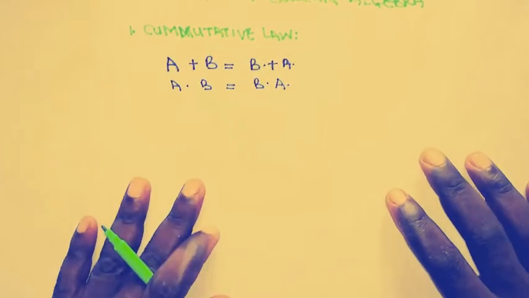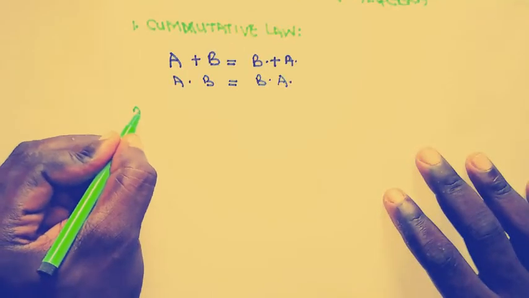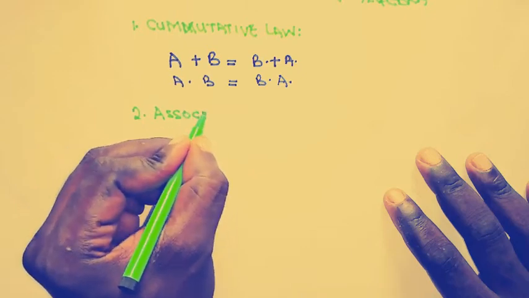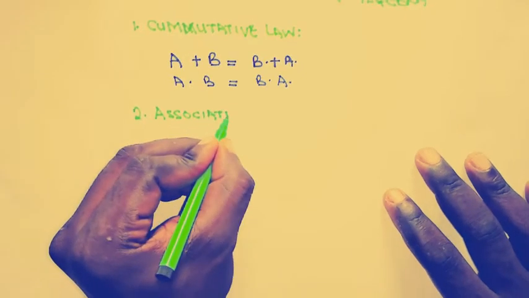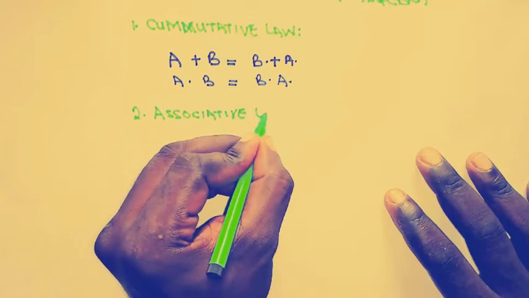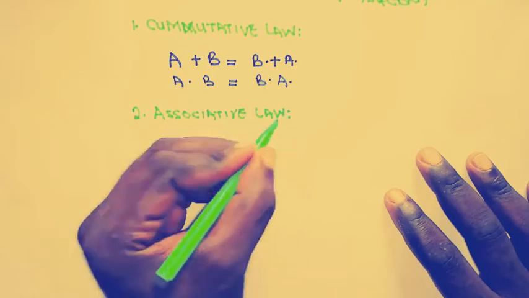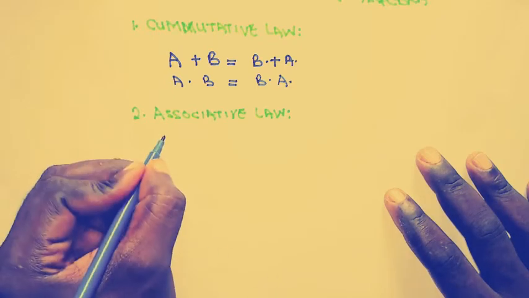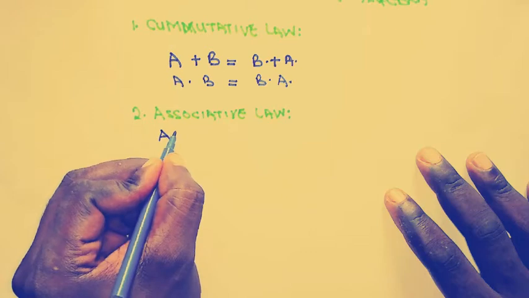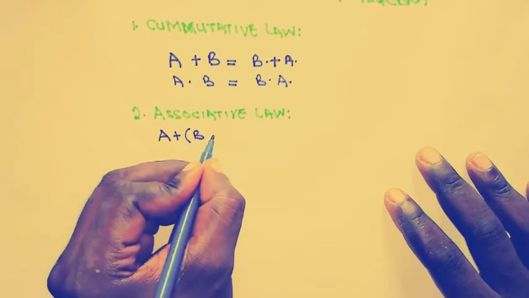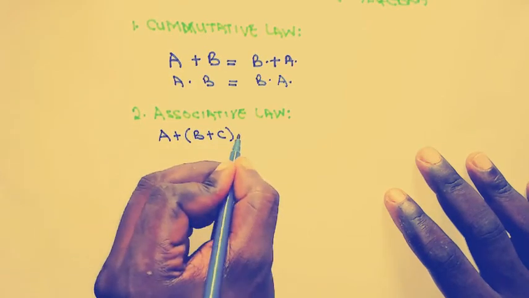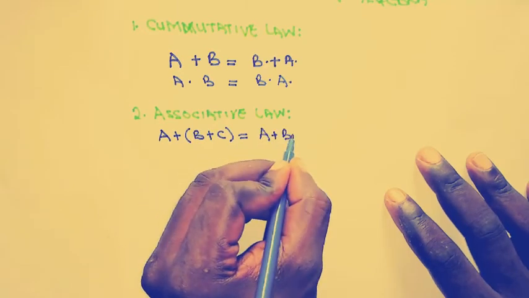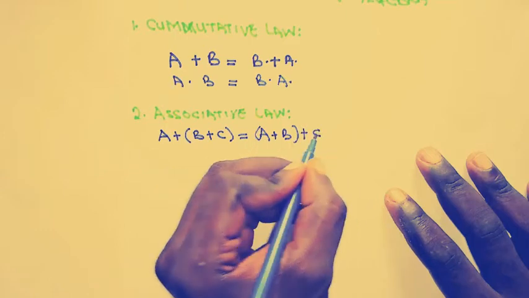The second one is the associative law, and this one states that we have three elements in an addition operation. A plus B plus C is the same thing as saying A plus B plus C with the grouping changed.